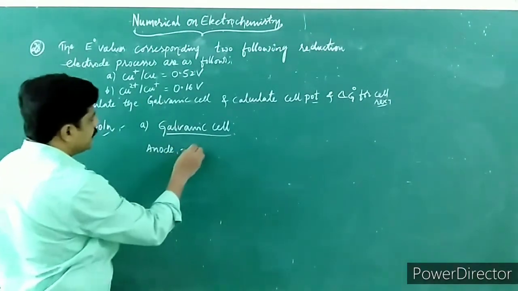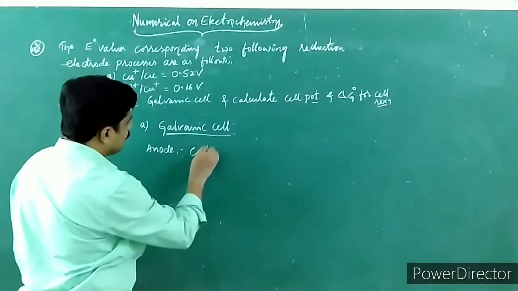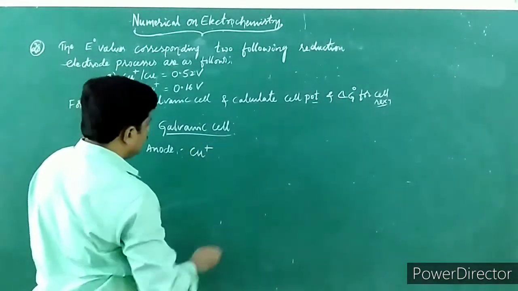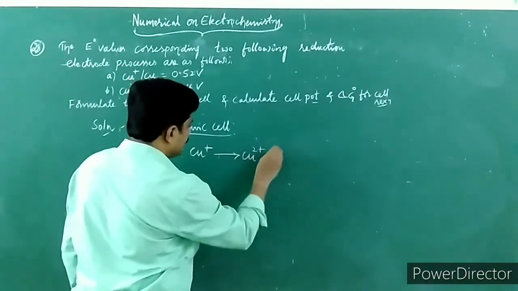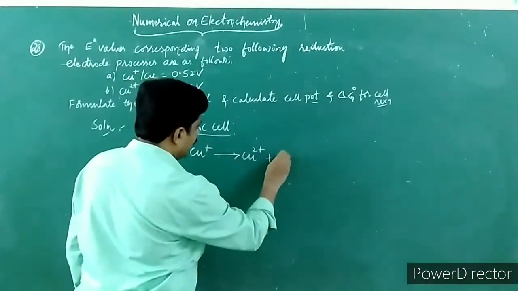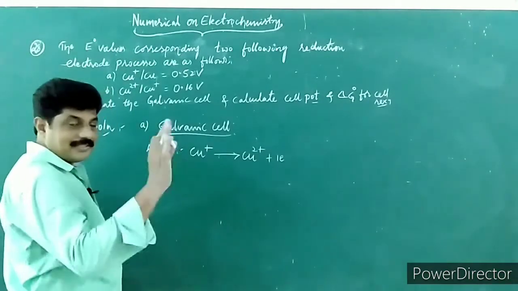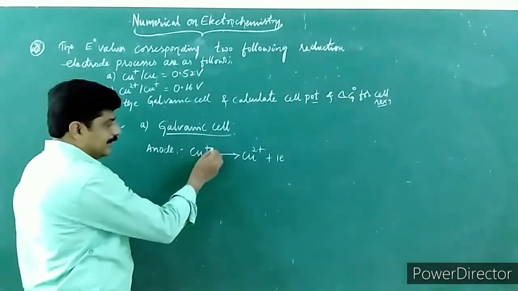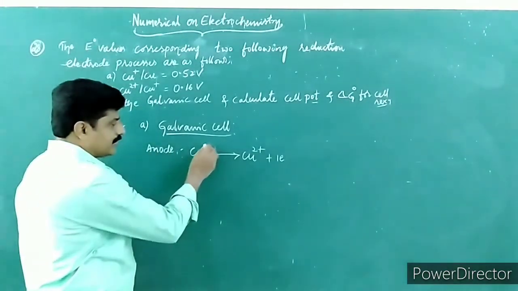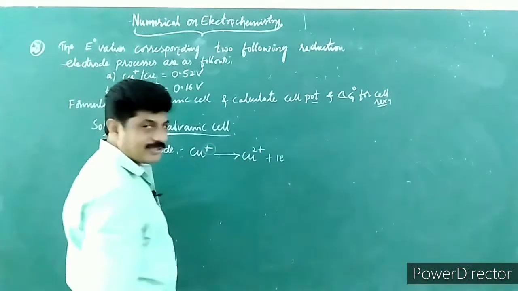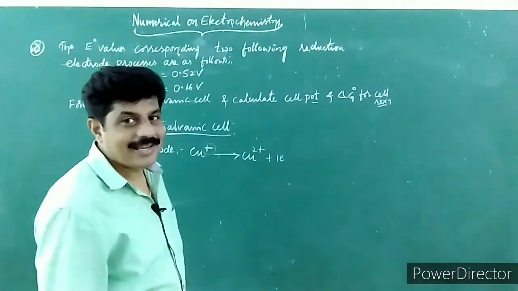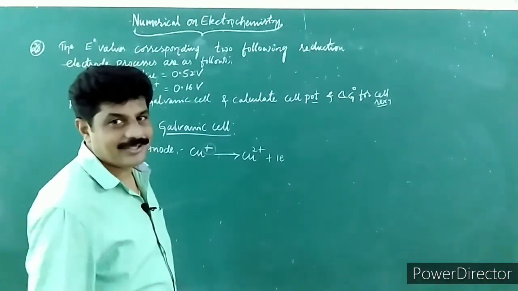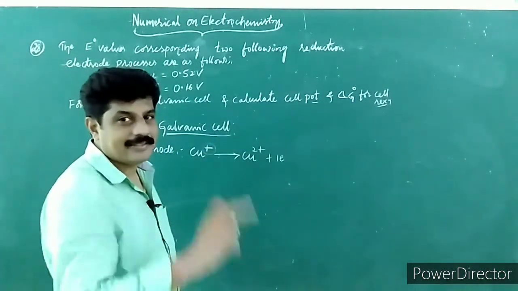In this case, Cu+ is getting converted into Cu2+ and 1 electron is lost. From +1 oxidation state, it is becoming +2 oxidation state. That means an increase in oxidation number, which means oxidation, is it not? Oxidation takes place at the anode.